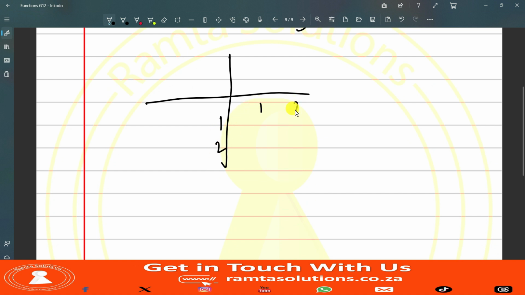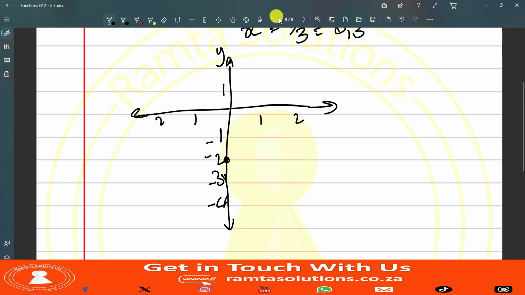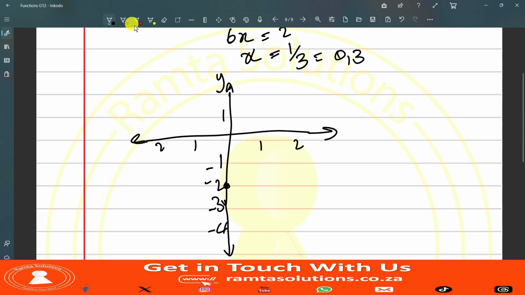And this is 1, 2, 1, 2. And then this is 1. So we said y-intercept was negative 2. Maybe let me go a bit down. It was y equals negative 2, and the x-intercept was 0.33.